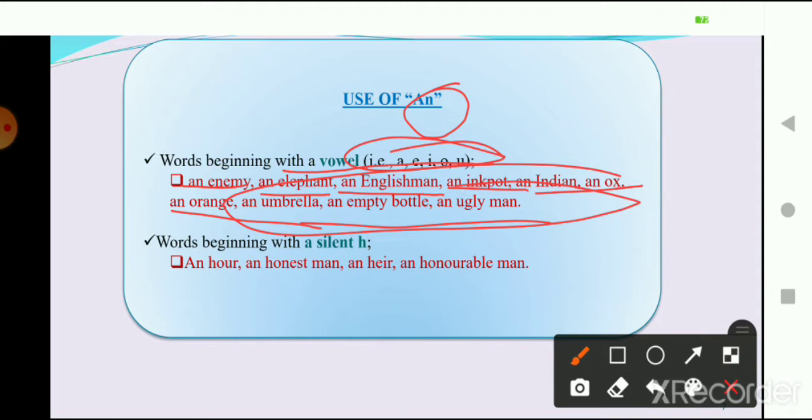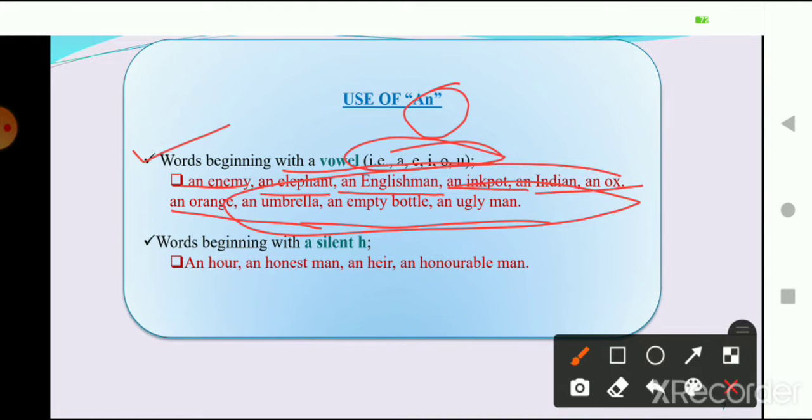Okay, and vowels, you all already know, are the letters A, E, I, O, U. So whenever a word begins with the letter A, E, I, O, U, then what do we do? We use article an before those words. Okay, simple, right?